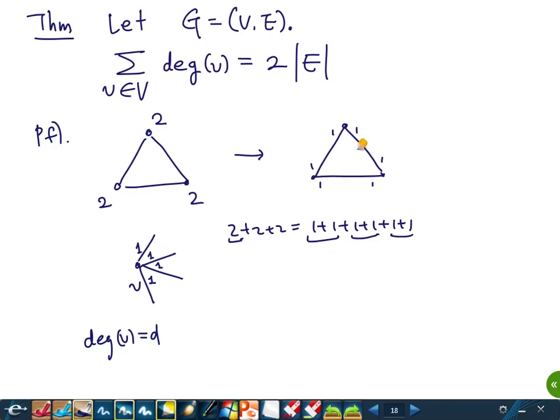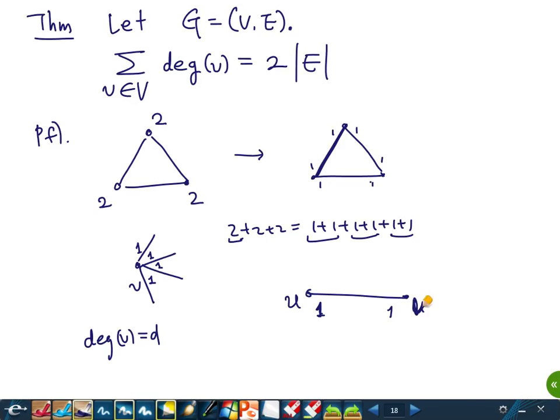But here, every edge looks like this, right? For this edge, we have to add 1 plus 1. For this edge, we add 1 plus 1. Because every edge contributes 1 to the degree of this vertex and 1 to the degree of this vertex.